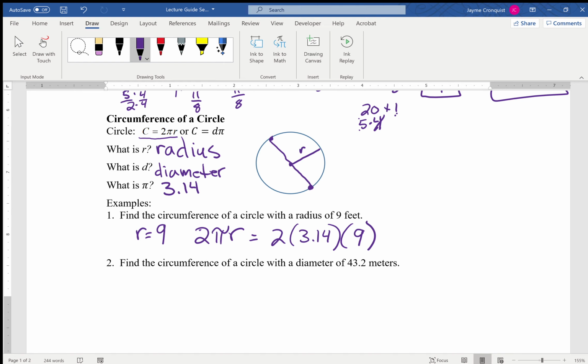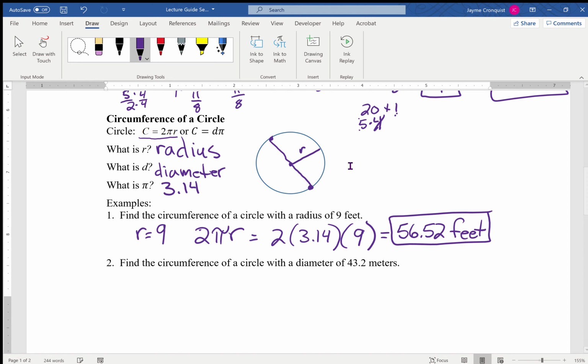We're going to plug this into our calculator: 2 times 3.14 times 9 is 56.52. Again, we need our units.